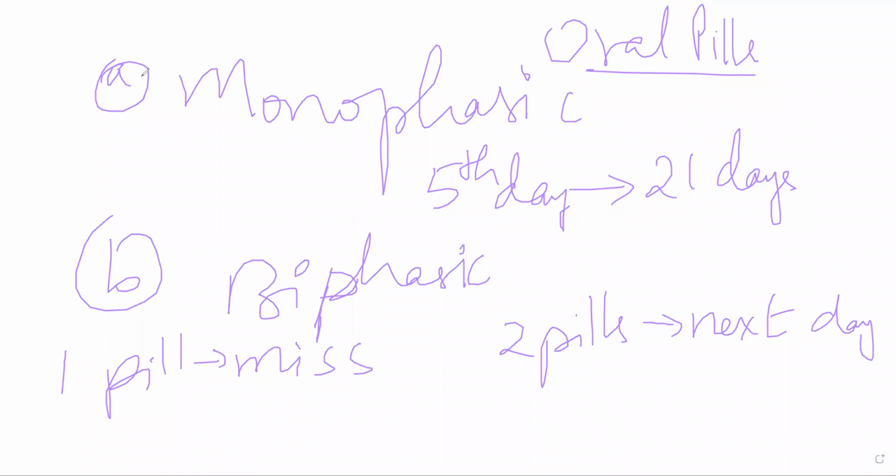Now, the combined method works by suppressing ovulation, so essentially when you give E plus P, estrogen and progesterone combined, it will not only suppress ovulation.